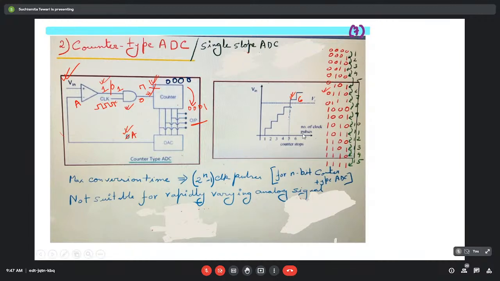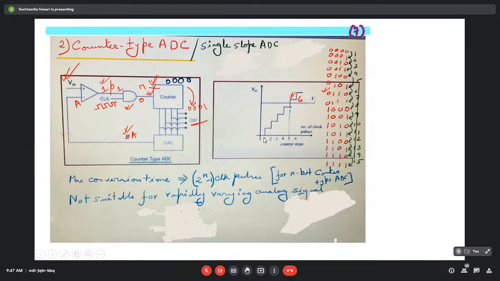So here we are seeing that until this reference voltage crosses the V input, the counter will continue counting. As soon as this reference voltage becomes greater than V in, it will stop counting.